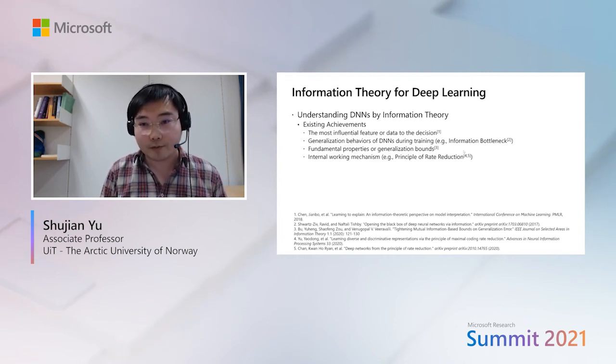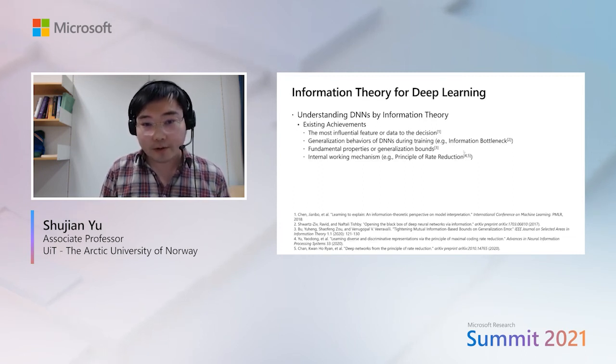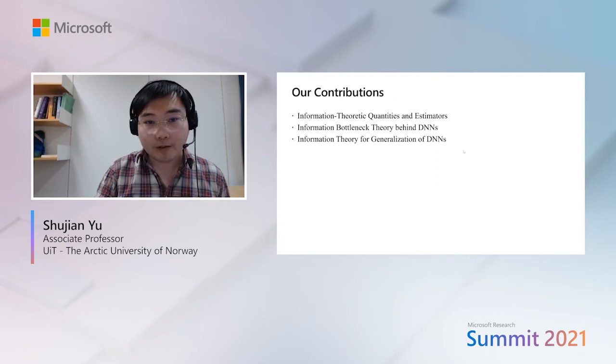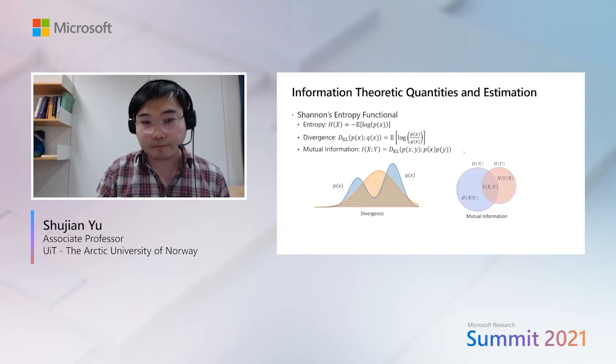Examples include the information bottleneck theory, or identifying the fundamental properties or deriving a tighter generalization bound of deep learning, or figuring out the inner working mechanism behind deep neural nets, such as the principle of rate reduction. In this talk, I will briefly introduce some of the work from our group in this area.